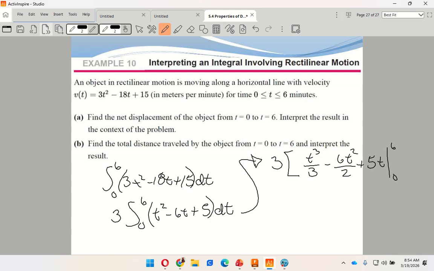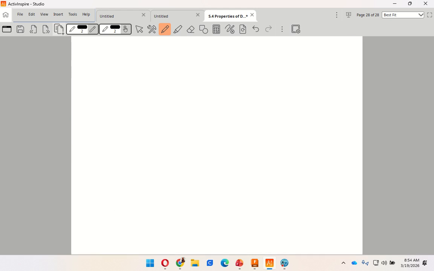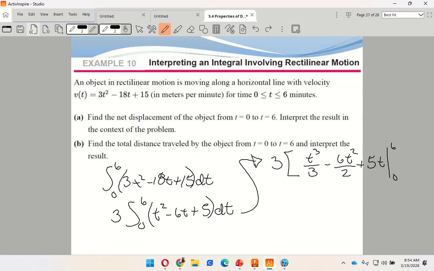So, let me, because I don't want to cram this in there. Minus 6.